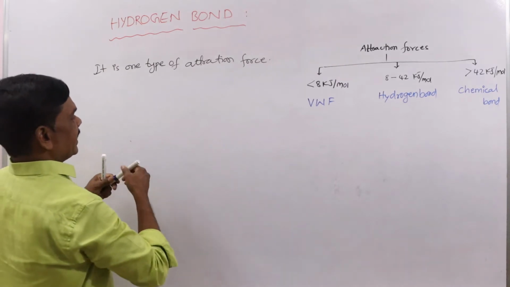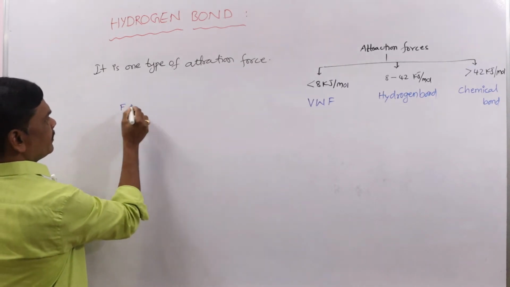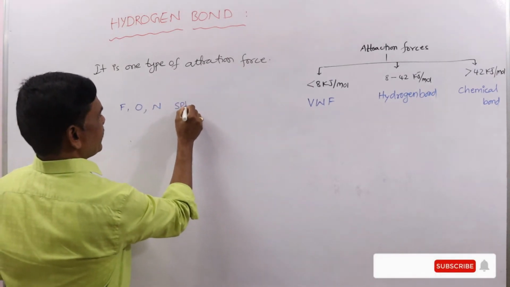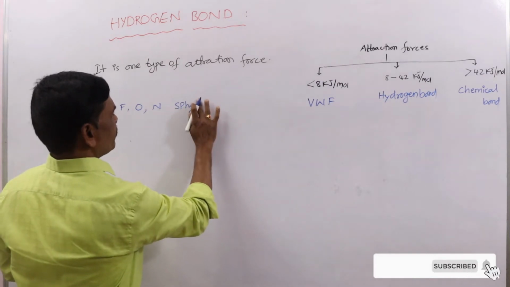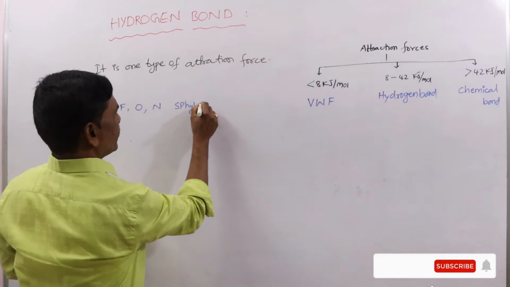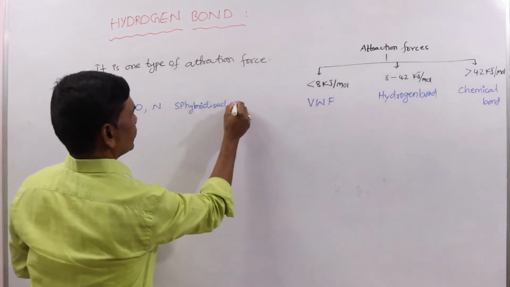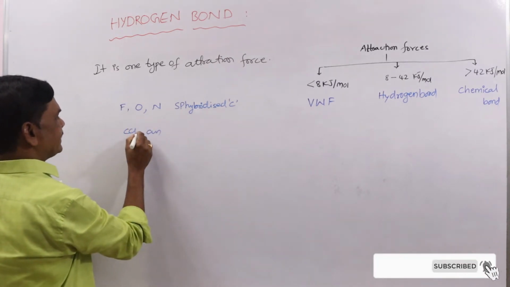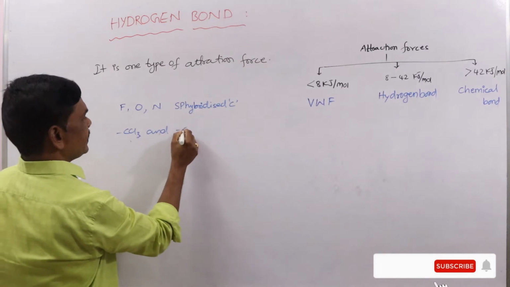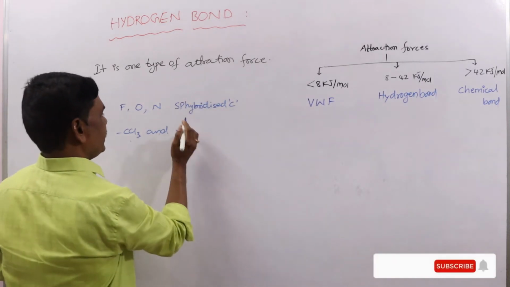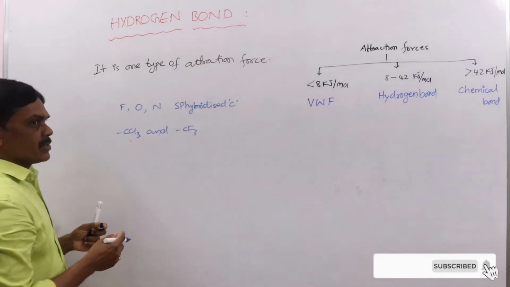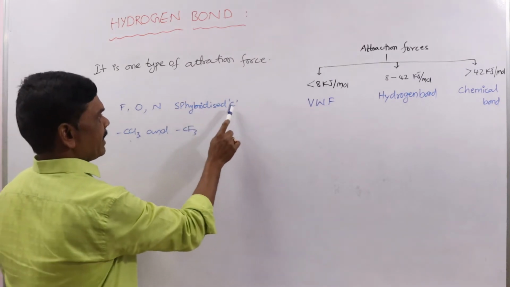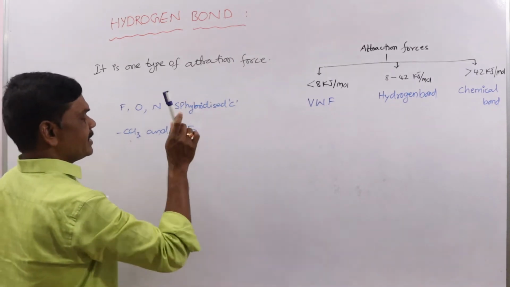For example, highly electronegative atoms like fluorine, oxygen, nitrogen, sp hybridized carbon, CCl3 and CF3.